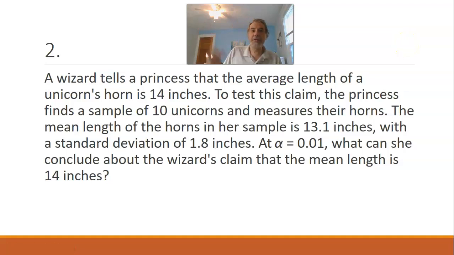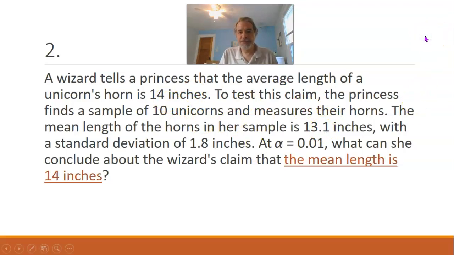So the wizard said mean length is 14. Princess measured some actual unicorn horns, got an average that was different, at least a little bit different from 14. Was that enough of a difference to make her think that the wizard was wrong about the average being 14? So that's the claim we're testing, that the mean is 14, that mu is equal to 14.